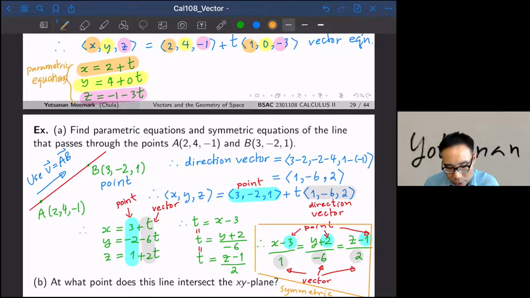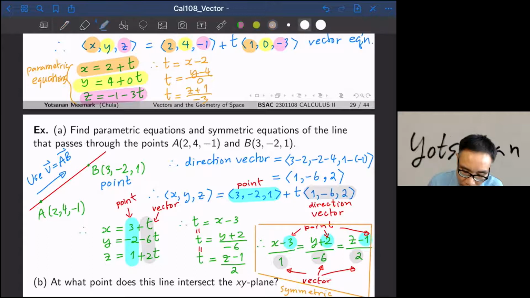If you solve for t, you can have t equal to x minus 2, and t equal to z plus 1 over negative 3, and you have t equal to y minus 4 over 0.